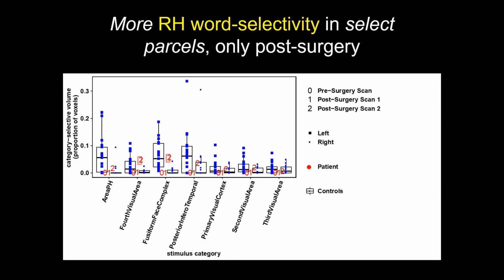I want to highlight for you that not pre-surgery, not initially post-surgery, but only longitudinally post-surgery, does she seem to now all of a sudden have category selectivity in her right hemisphere for words that is above what you would see in control's right hemisphere, but is comparable to what you would see in control's left hemispheres.